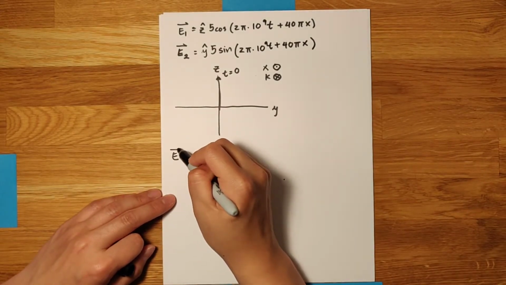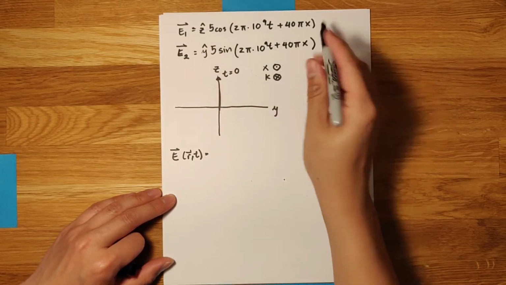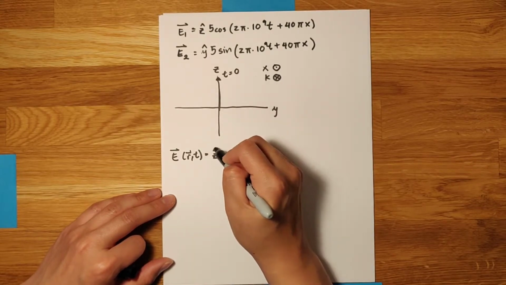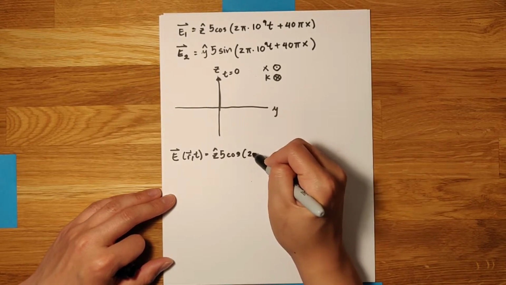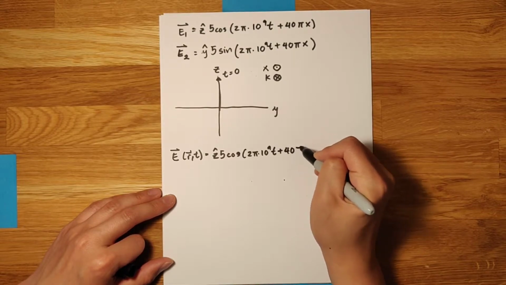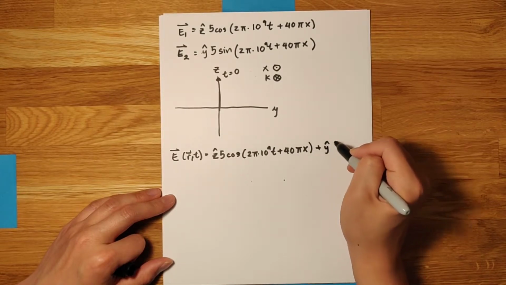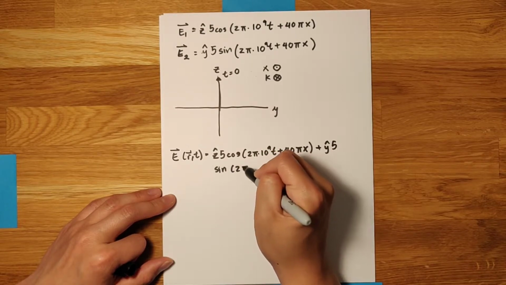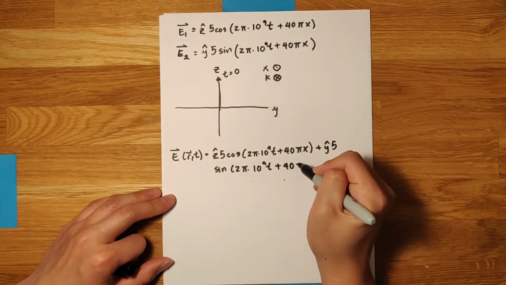That means our E will simply be, copying these two together, we simply add E1 and E2. z hat 5 cos(2 pi times 10 to the 9 t plus 40 pi x) plus y hat 5 sine(2 pi times 10 to the 9 t plus 40 pi x).